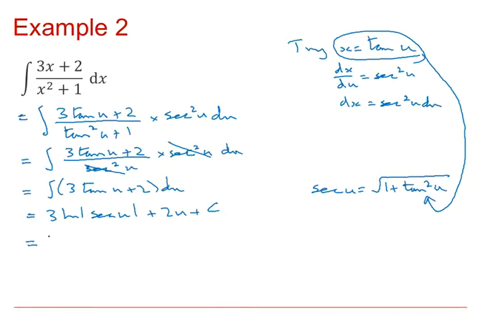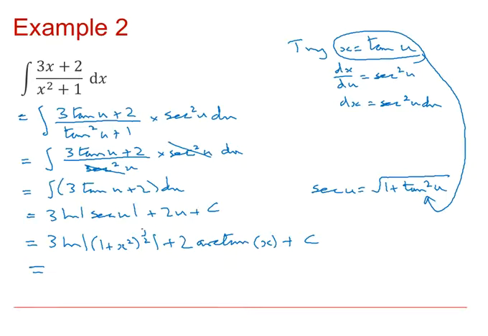So now this becomes 3 ln sec u, where sec u is the square root of 1 plus tan squared u, which is 1 plus x squared to the half, and u is arc tan x. From the original substitution we had x is tan u, so u must be arc tan x plus c.